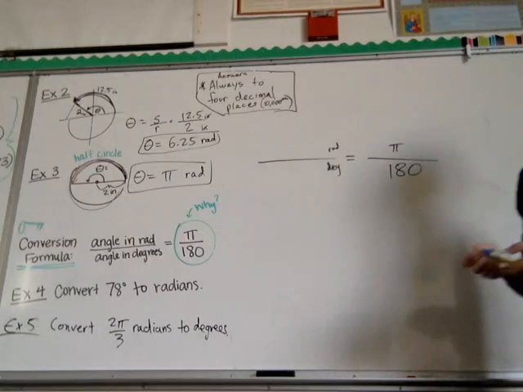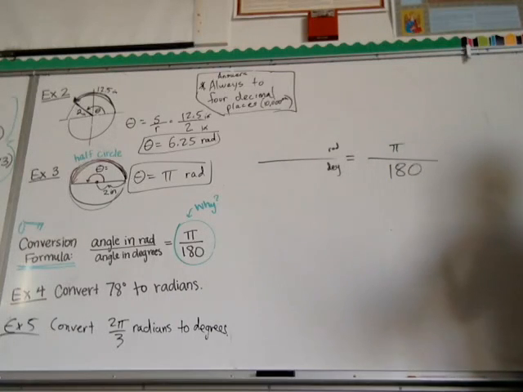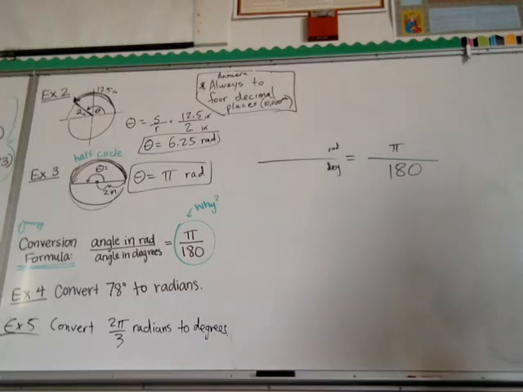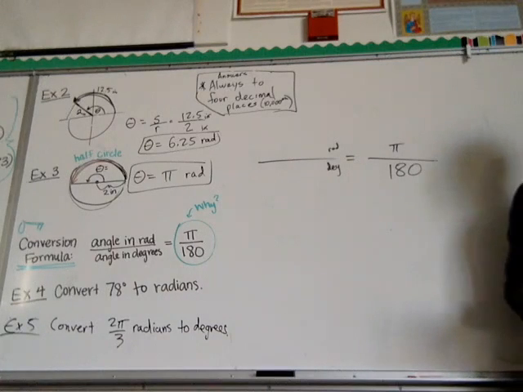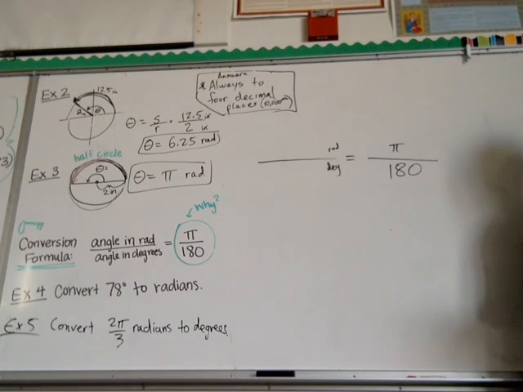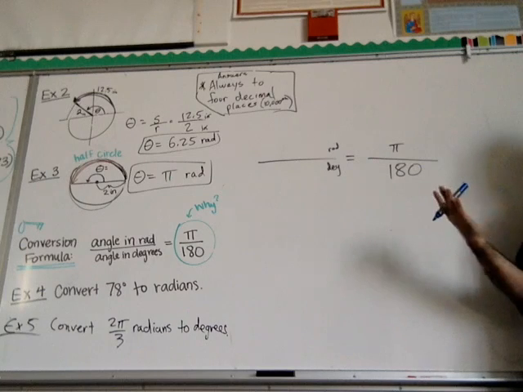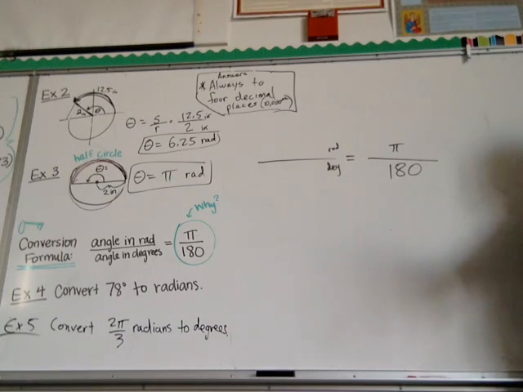Rigoberto, what do you think? I was going to say because the circumference of the circle is 2 pi, so half of it is just 1 pi. Good. Both of you.